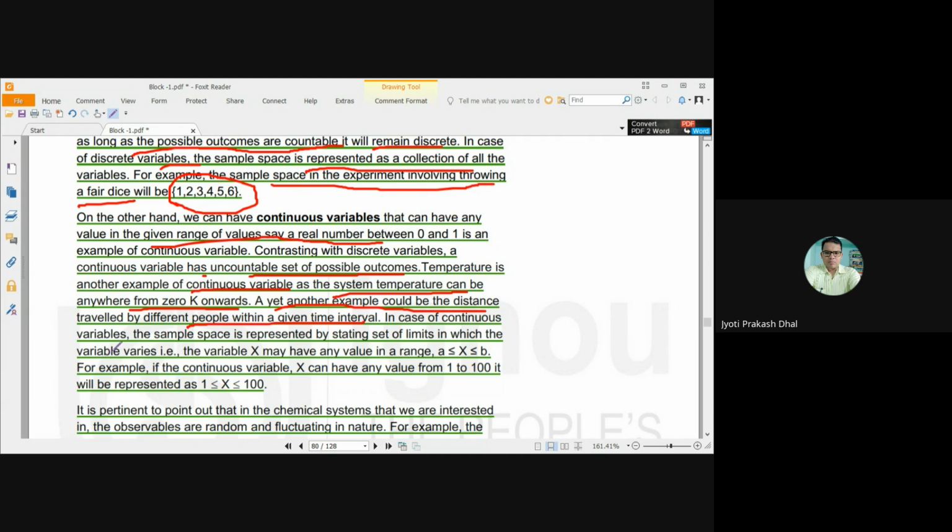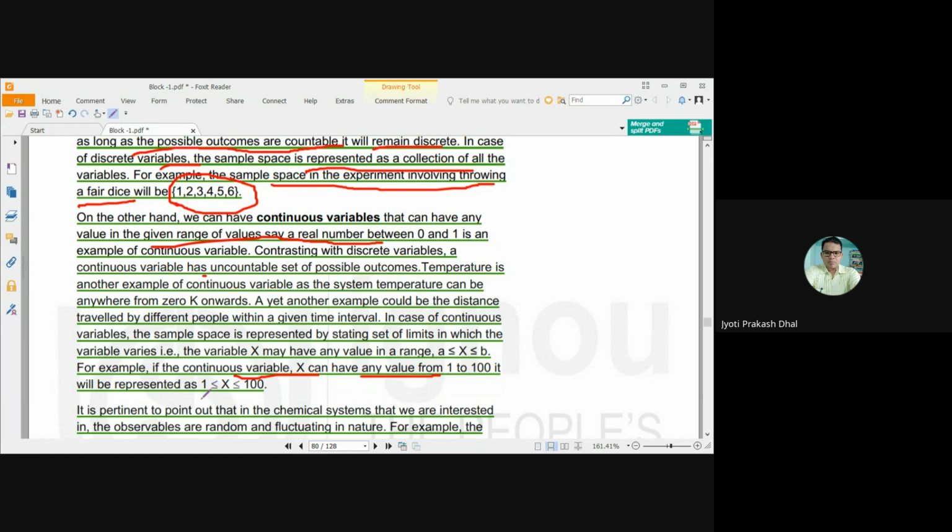So in case of a continuous variable, the sample space is represented by stating the limit in which the variable varies. That is, the variable x may have any values ranging from a to b. That means a is less than or equal to x, less than or equal to b. For example, the outcome variable x can have any values from 1 to 100.